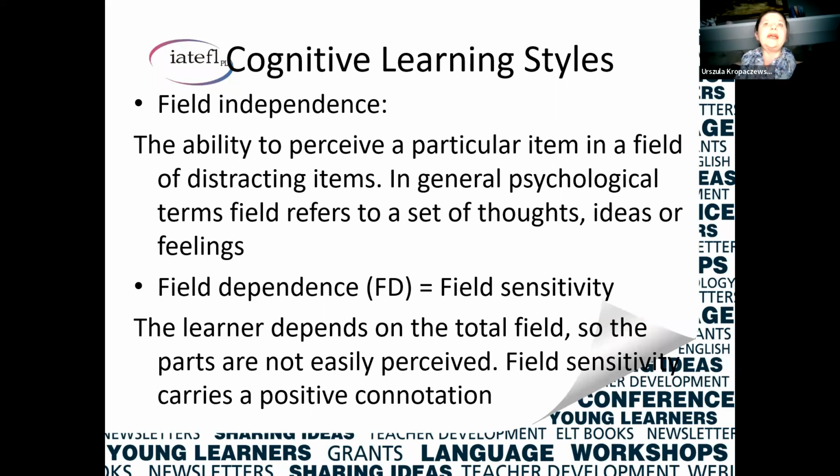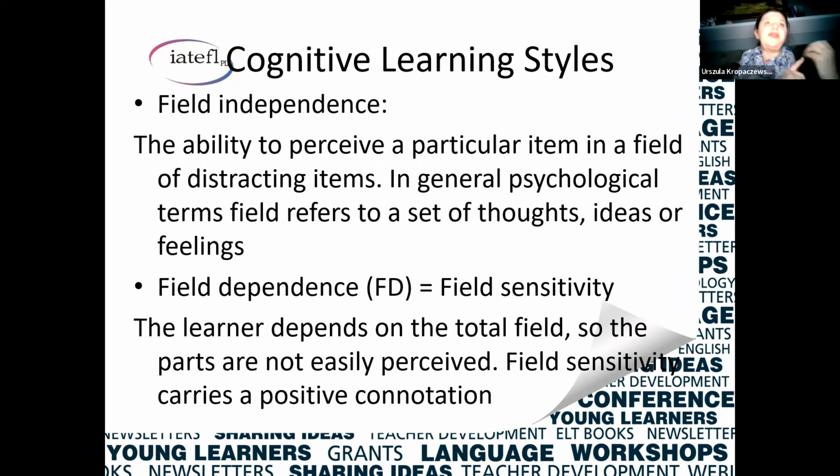I also like it, and I even ask really young learners to do the exercise, but you know that some of your students are not good at doing the exercise, while others are better, because those people who are field independent can see particular items and the whole picture does not disturb them.